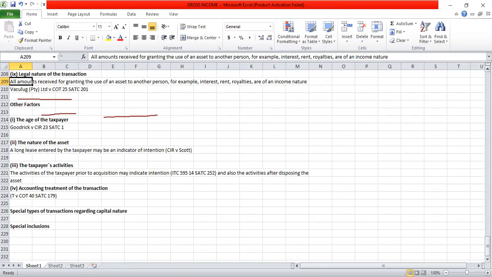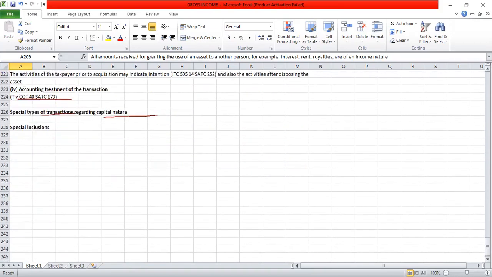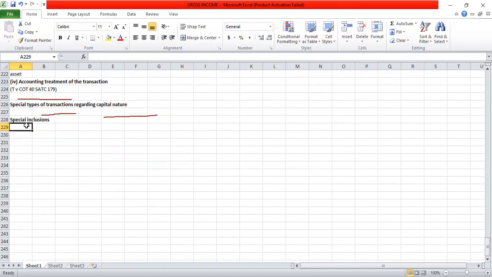Right. So I want you now to look at on your own. I want you to look at special inclusions, exemptions and deductions. You also look at the definition of a deduction.